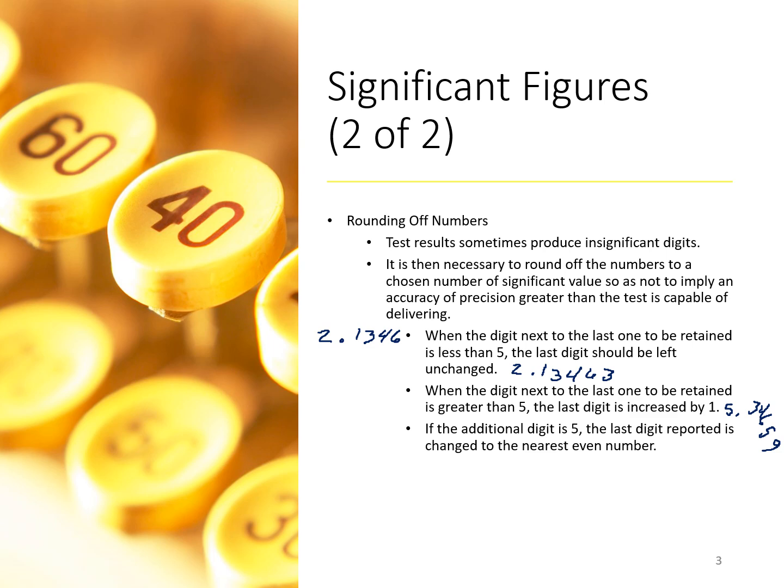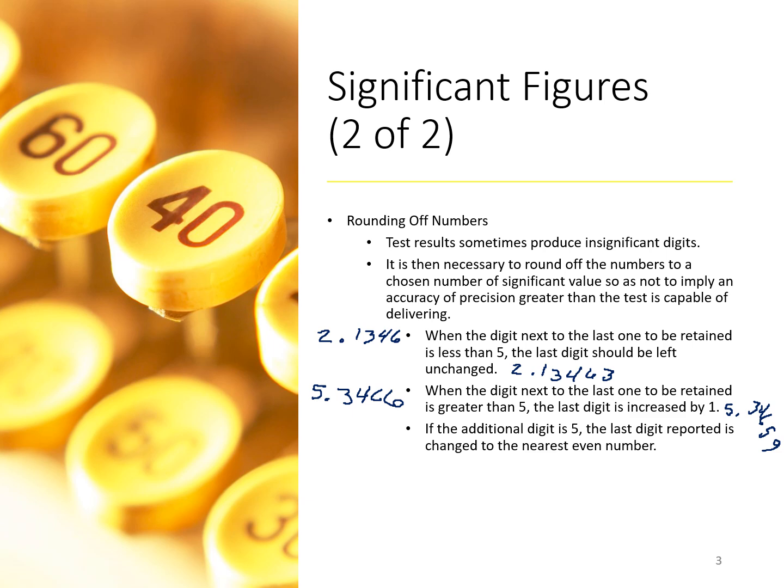So we would round this up and come up with 5.346. So that 5 would go up to a 6.